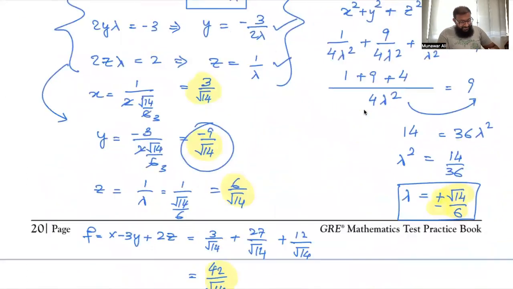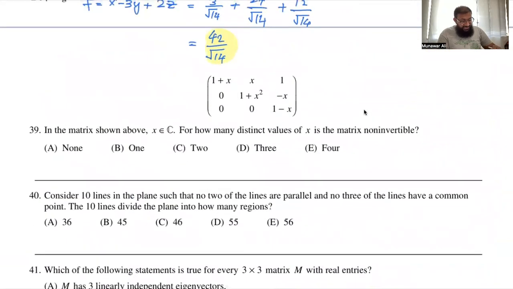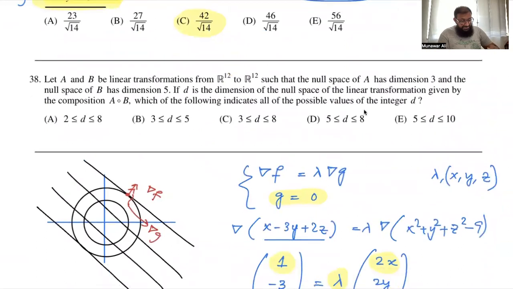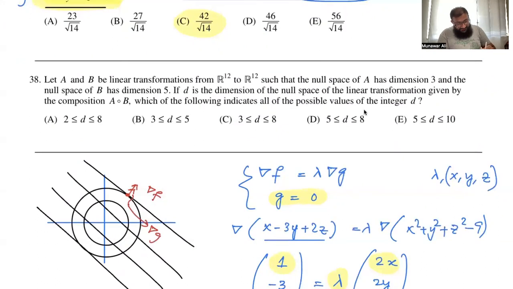Okay, so let us move ahead with the next question. I missed question number 38. It's really a nice question. They are asking: A and B are linear transformations from some space, let's say R12 to R12. The null space of A has dimension 3 and the null space of B has dimension 5.